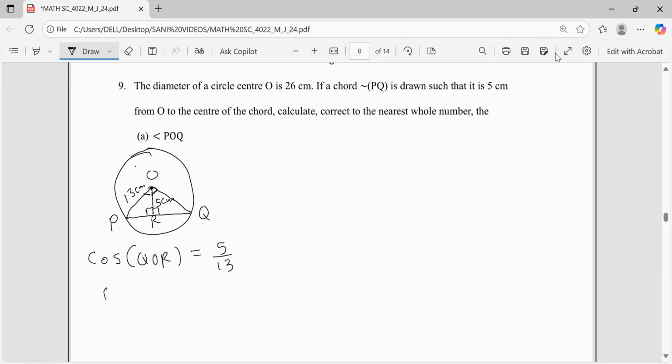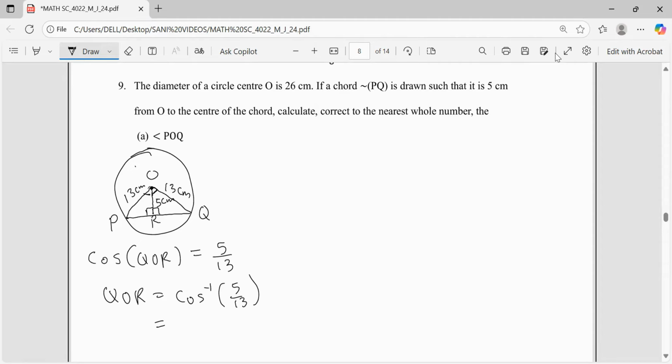So QOR equals cos inverse of 5/13. And don't forget our cos is adjacent over hypotenuse. The hypotenuse is 13 centimeters, while the adjacent is 5 centimeters.